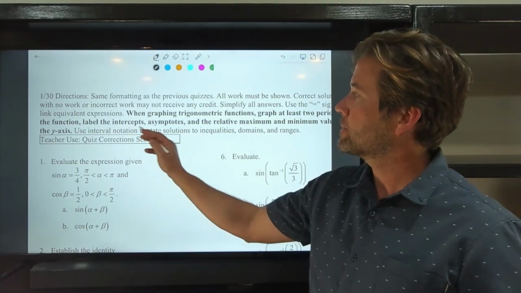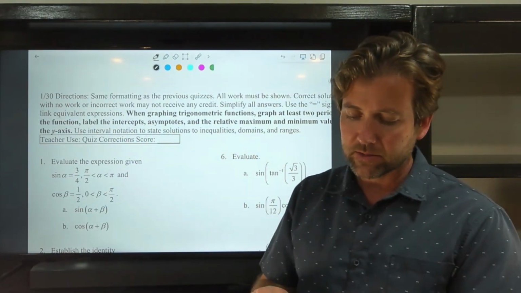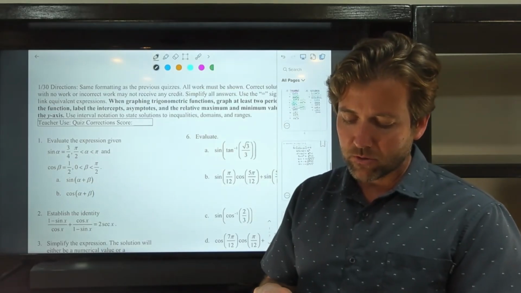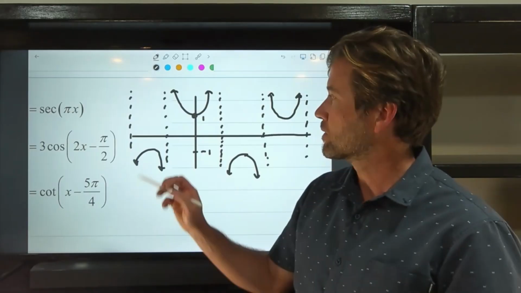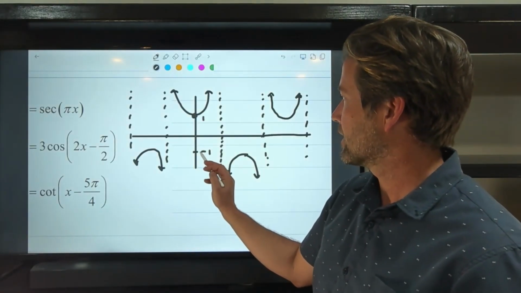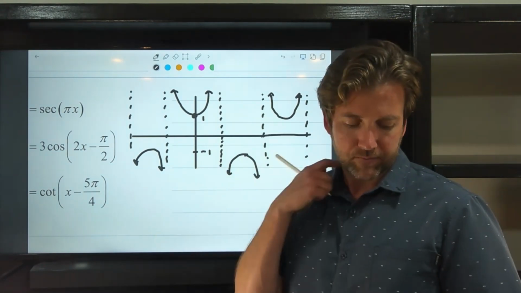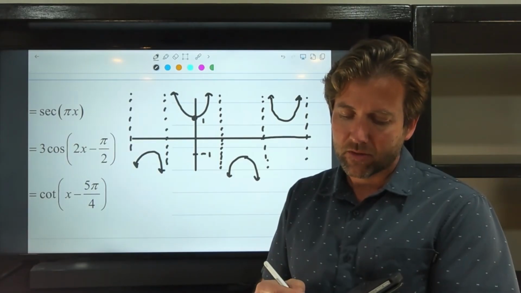Label the intercepts, asymptotes, and the relative max and minimum values on the y-axis. So I've already labeled the relative min of 1 on the y-axis and the relative max of -1 on the y-axis. Now I have 2 periods drawn there.